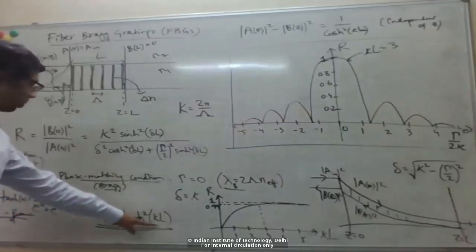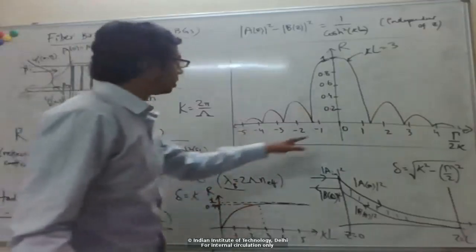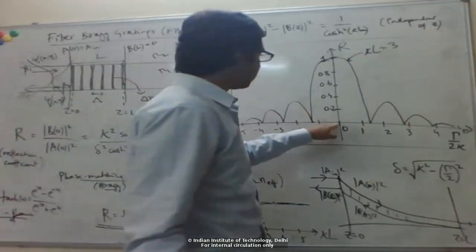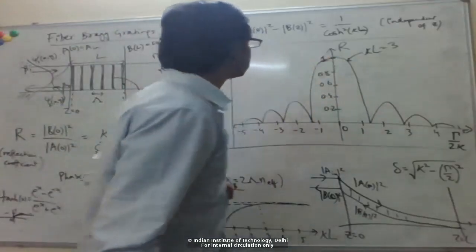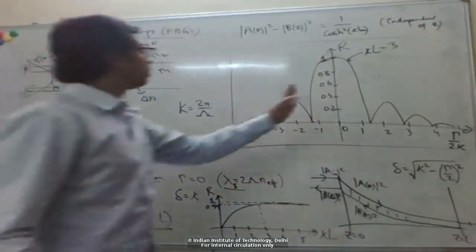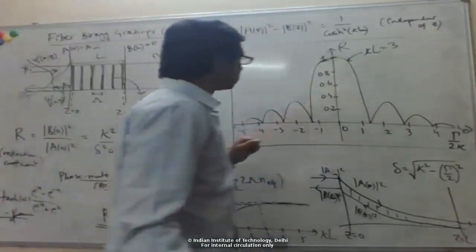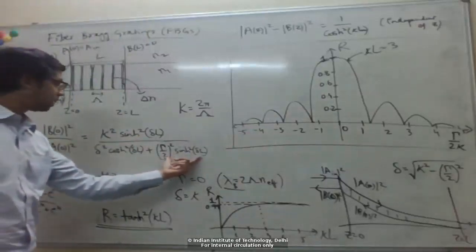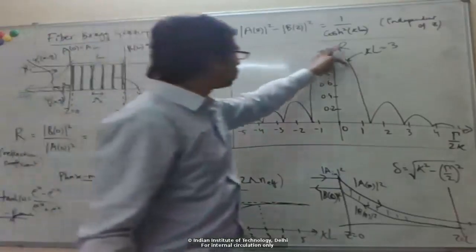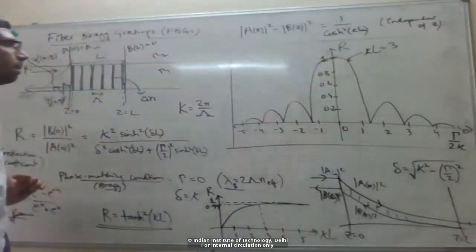We saw already that for kappa L equal to 3, at the Bragg condition, capital gamma equal to 0, the reflection coefficient is about 0.99. Then as we go away, the reflection coefficient drops, because we have this extra term in the denominator, so the reflection coefficient starts dropping.